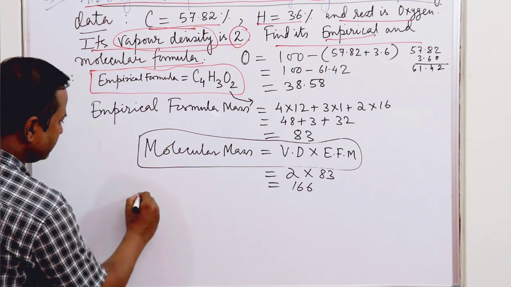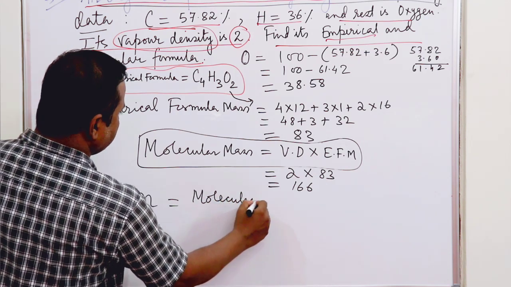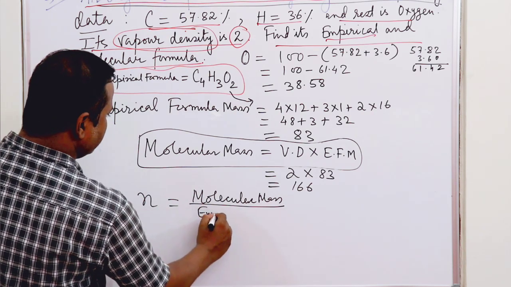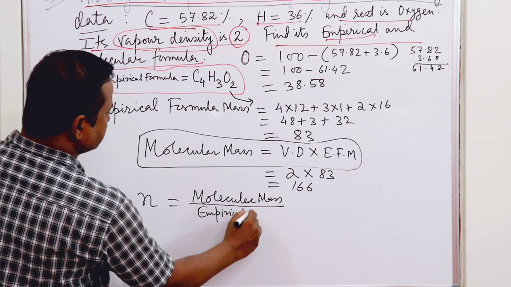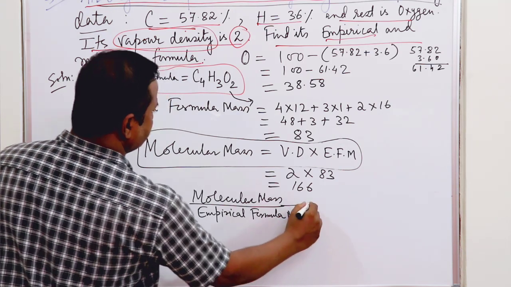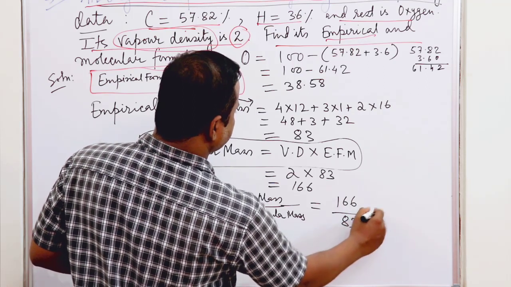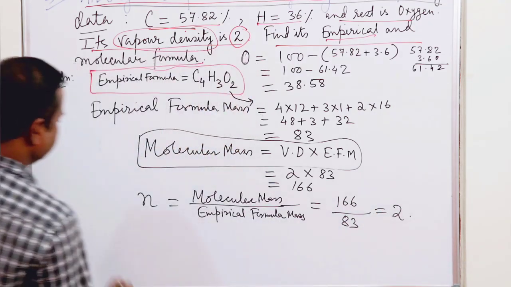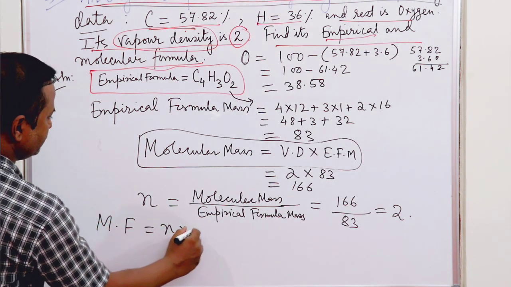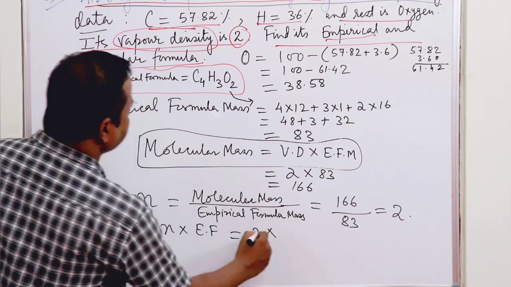Now we require n, that is, the molecular mass divided by the empirical formula mass. So 166 divided by 83 comes out to be 2. So the molecular formula is equal to n into the empirical formula.